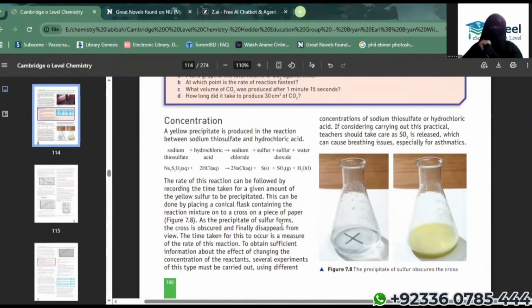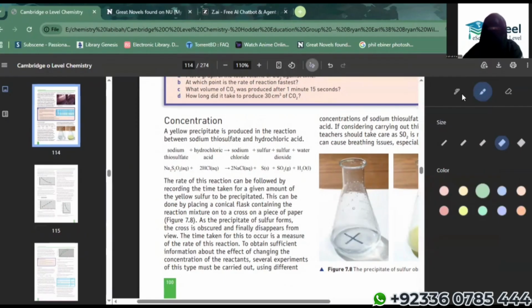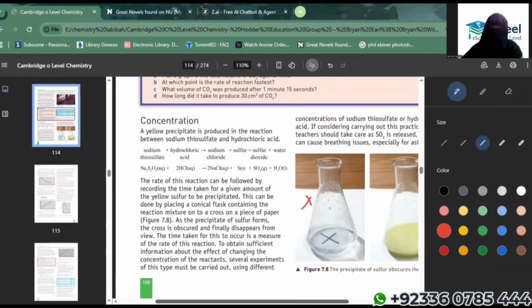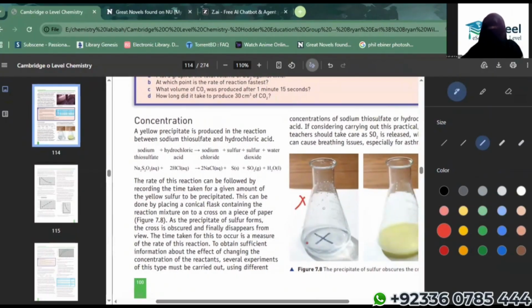This can be done by placing a conical flask containing the reaction mixture onto a cross on a piece of paper. First, you're going to take an A4 size paper and then you're going to mark a cross on the piece of paper. Then you're going to take your conical flask and put all of the reactants.